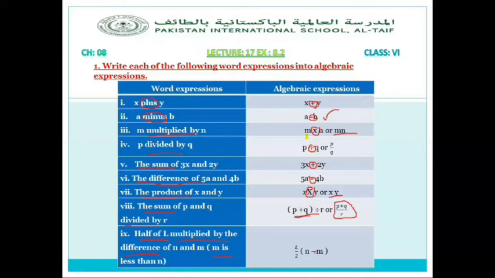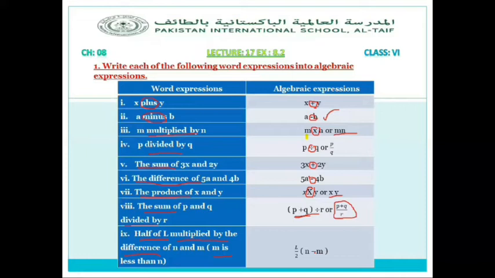So here we write half of L means L over 2, bracket is started, multiplied by, this relation multiplied by is connected with the remaining two values, and the remaining two values are n and m, and this is the condition that m is less than n.